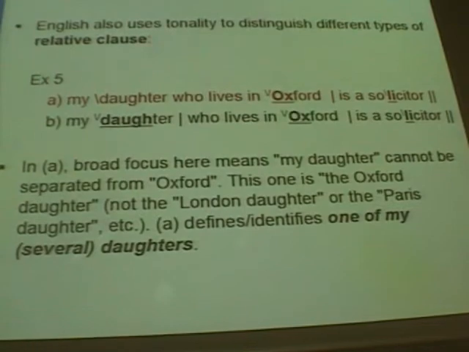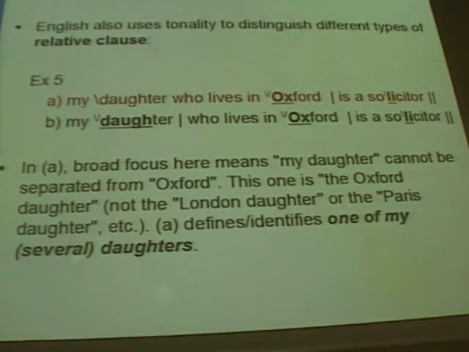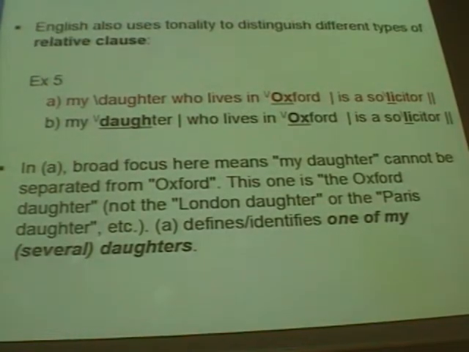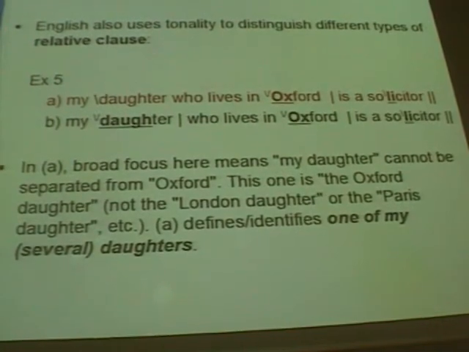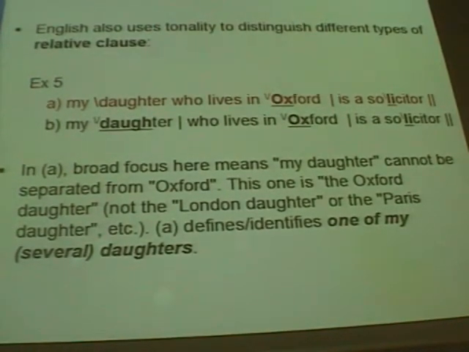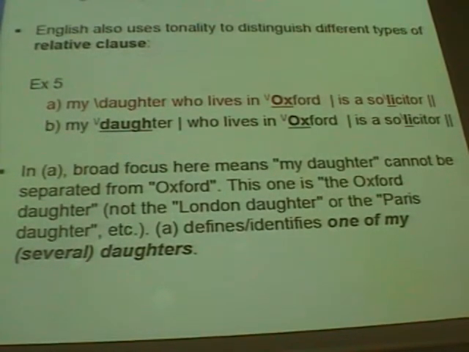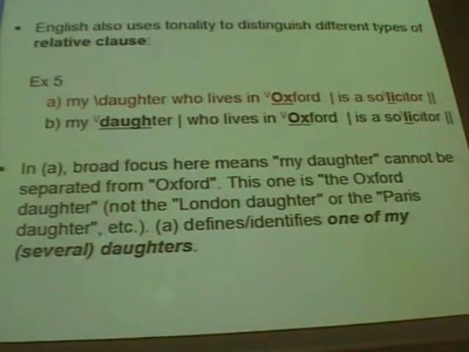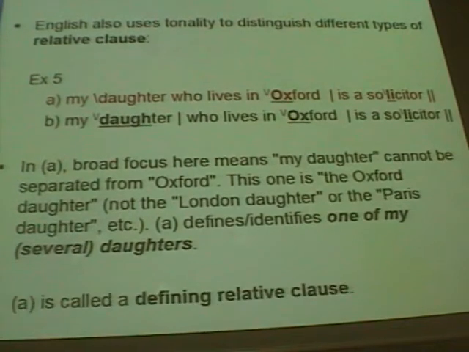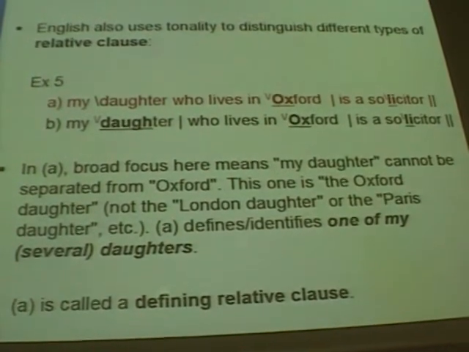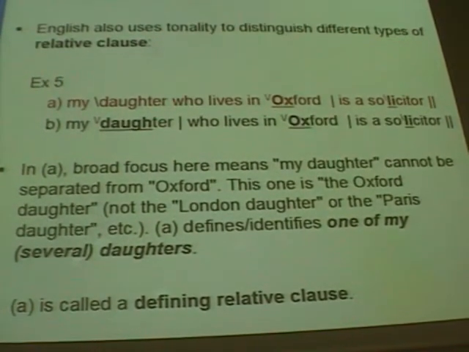What A is doing is identifying for you which one of my several daughters I'm talking about. I can't separate those 2 items. They are all there in focus. They are the subject. It's called a defining relative clause for that reason.